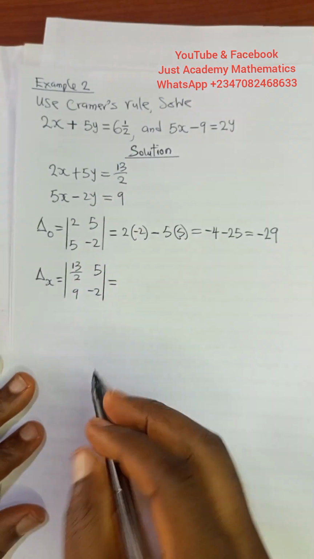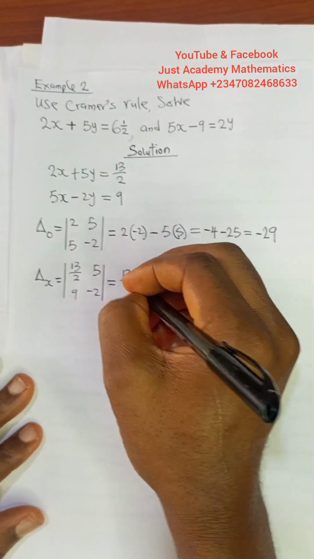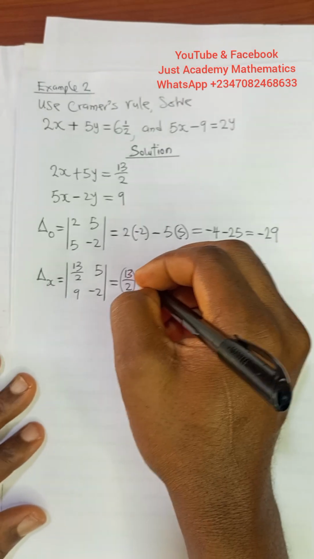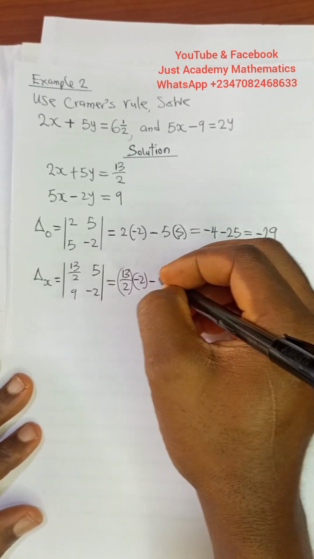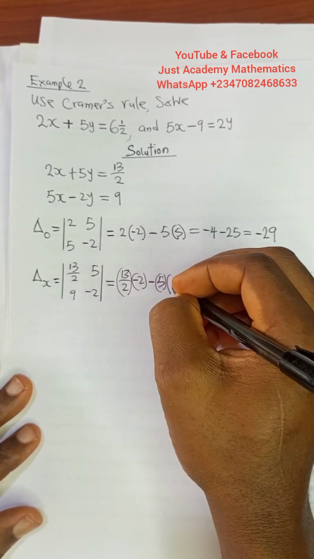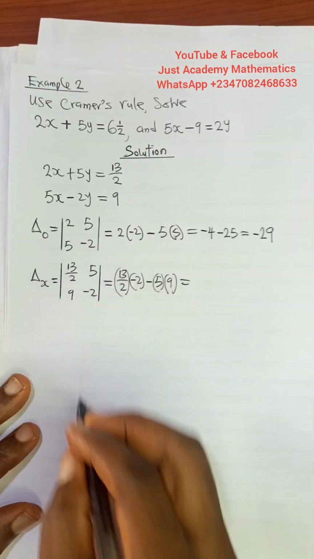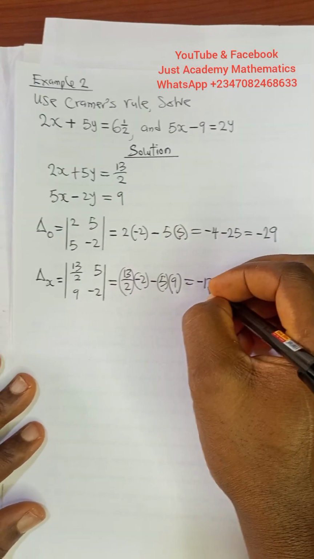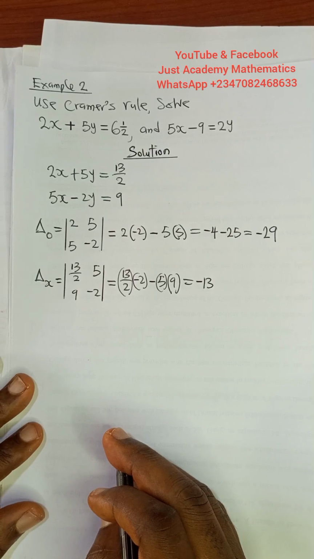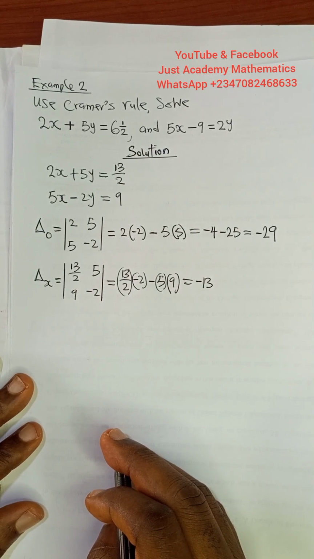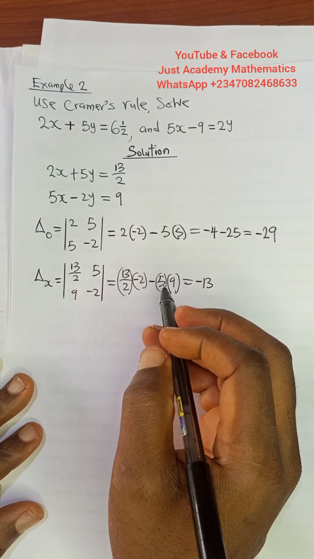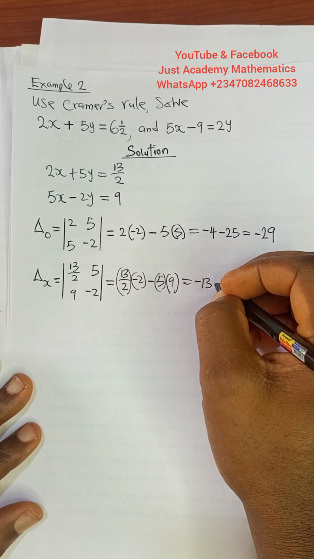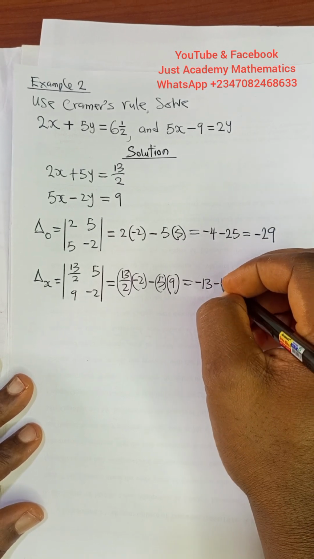That gives 13 over 2 times minus 2 minus 5 times 9. 13 over 2 times 2, the 2 cancels, so we are left with minus 13. And minus 5 times 9 will give us minus 45.